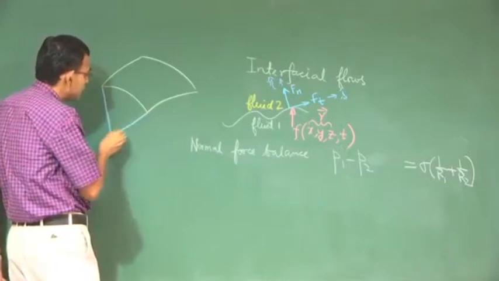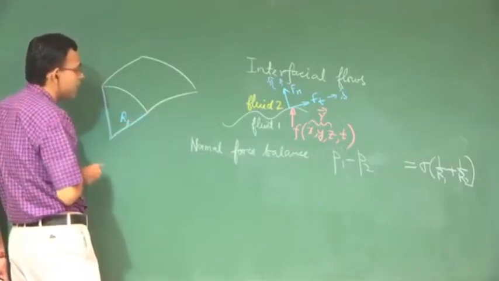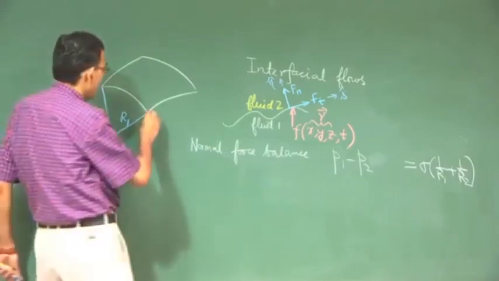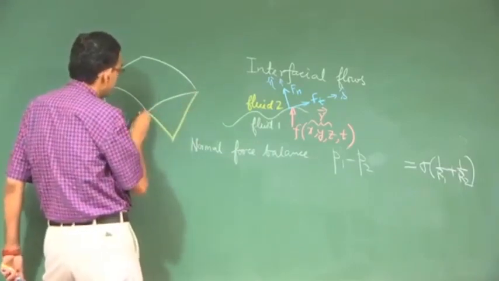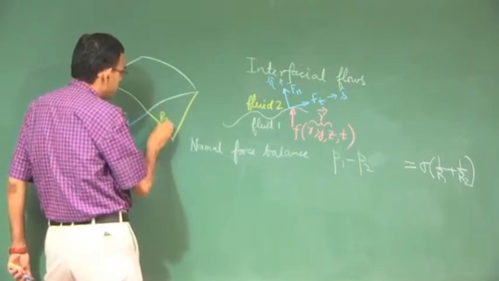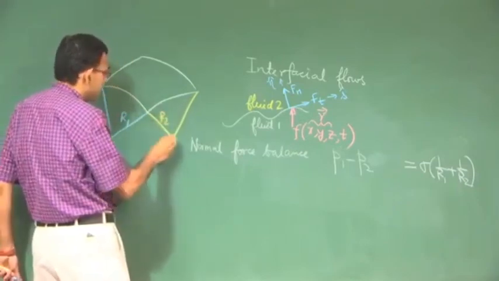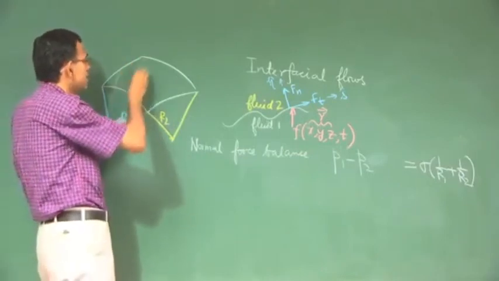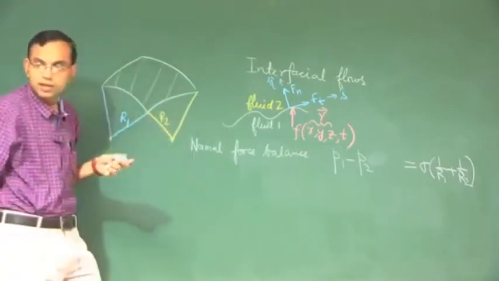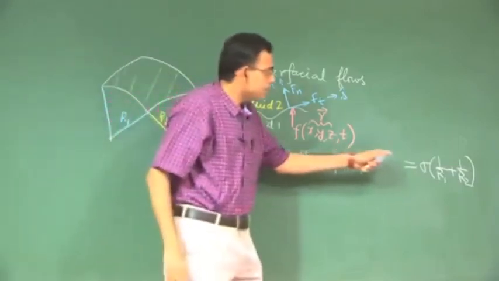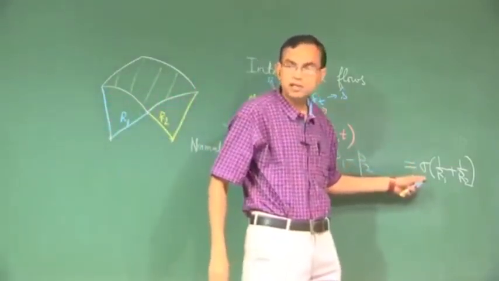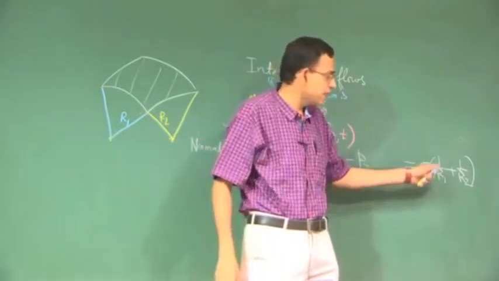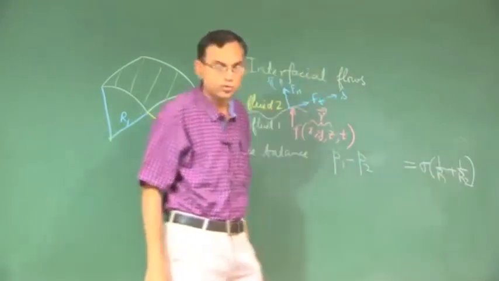Let us say R1 be the radius of curvature of one side and R2 be the radius of curvature of the other; these are the two centers of curvature. Then the pressure difference across this interface is given by sigma, the surface tension coefficient between the two phases which are separated by the interface, into 1 by R1 plus 1 by R2.